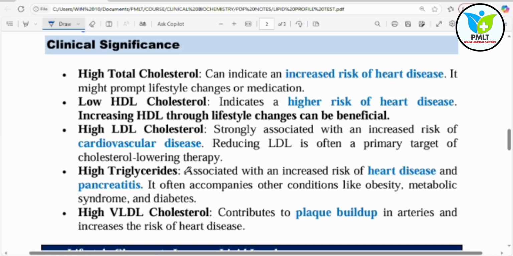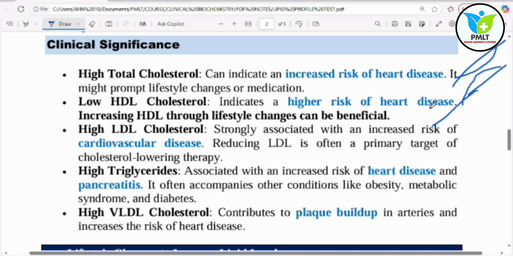High total cholesterol increases the risk of heart disease, because whenever the cholesterol level is high, plaque formation happens in the vessels.